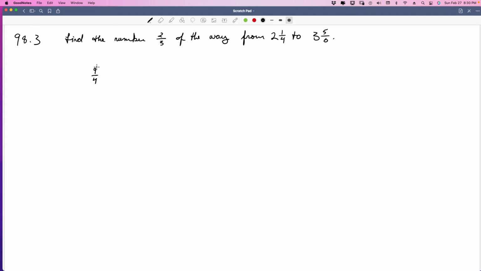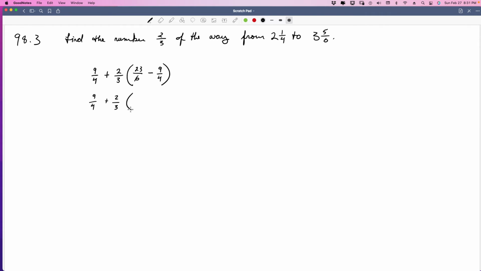So we're going to start from there, and we're going to add 2/3 of the range between 3 times 6 is 18 plus 5, which is 23. So 23 over 6 minus 9 over 4. So this is the range. We need 2/3 of that range. Okay. So 9 over 4 plus 2/3.